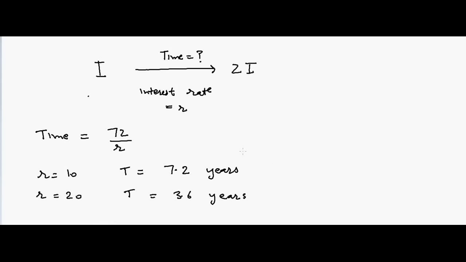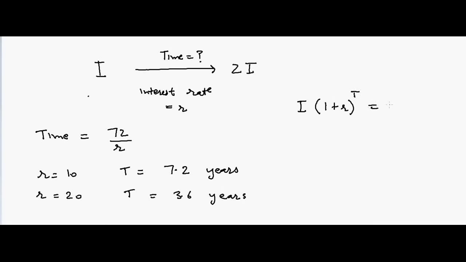So how does this rule work? Let's try to solve this problem in the regular way. Suppose we have investment I, and we have interest rate 1 plus R, and we invested for t years.